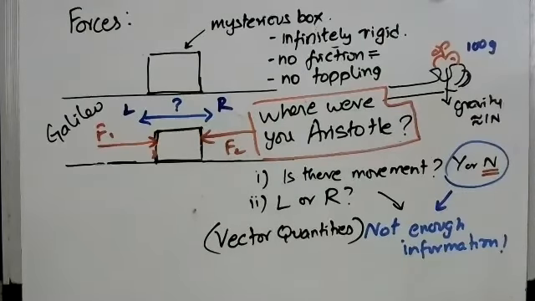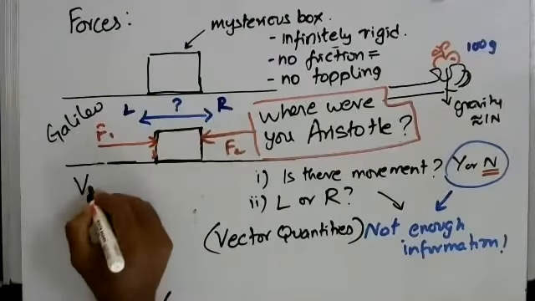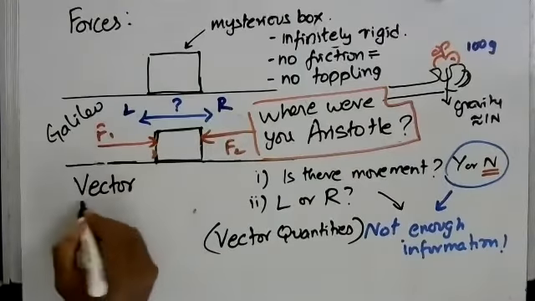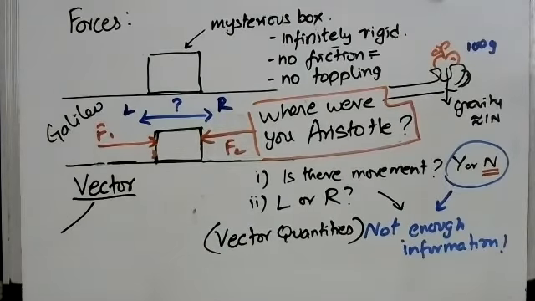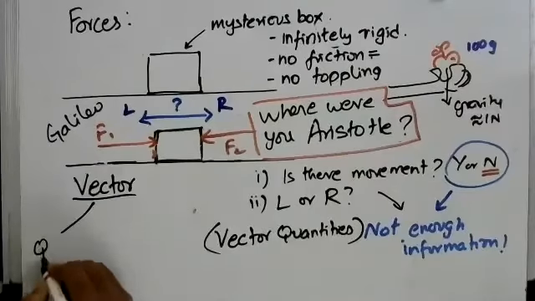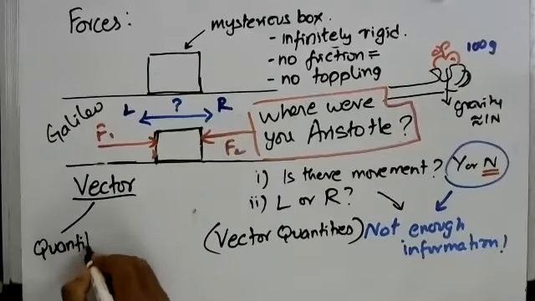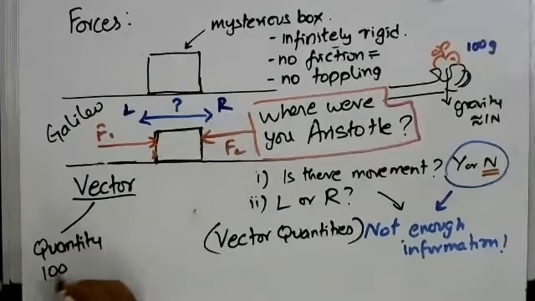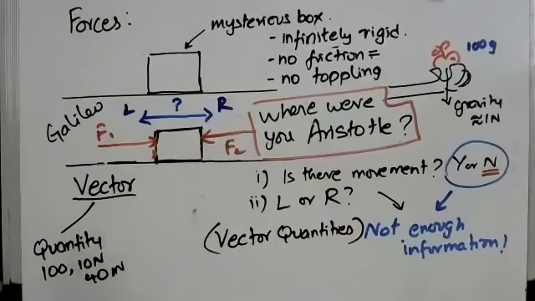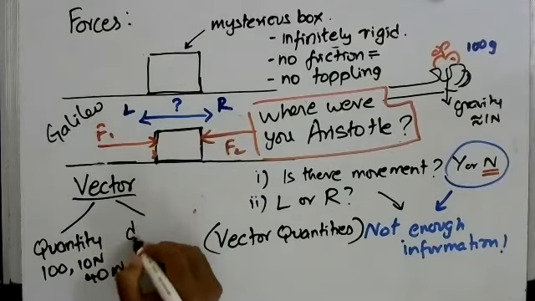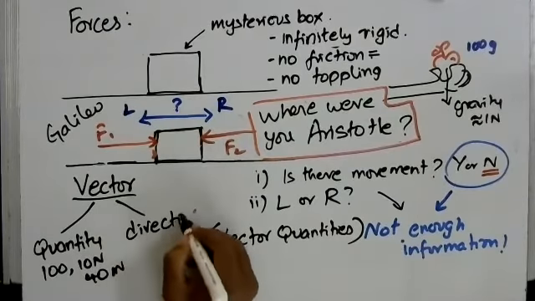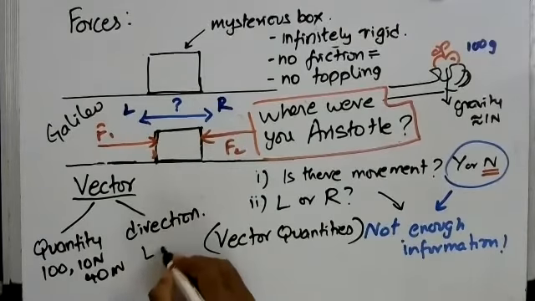So such kinds of quantities require two pieces of information. One is the quantity, that is 100 newtons, 10 newtons, 40 newtons, whatever, you have to give that information. And the other thing is direction, left or right.